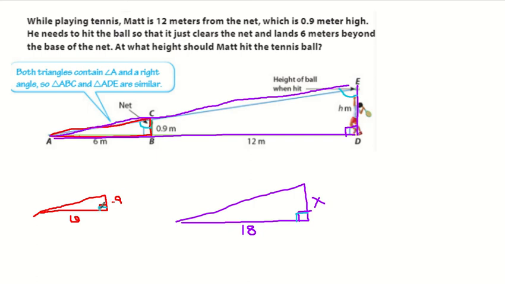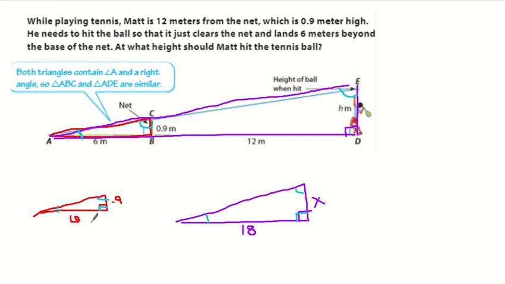So these are corresponding angles, which means these are the exact same angle. And we also know that this is the same angle, because it ends at the same spot. So they have the same angles. They're just different size triangles. They're the exact same shape, different sizes. So because of that, their side lengths are proportional.